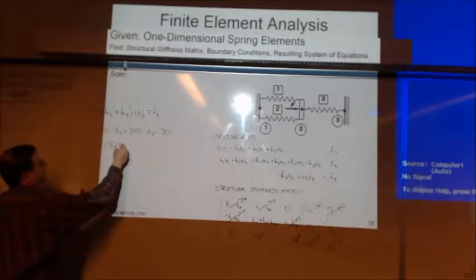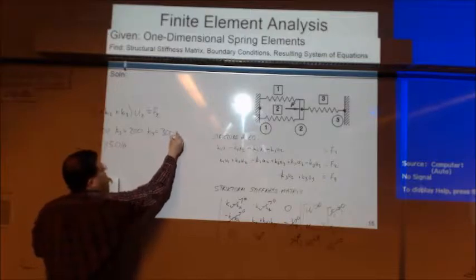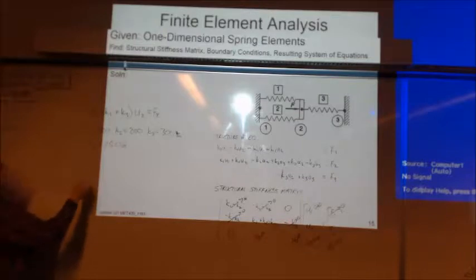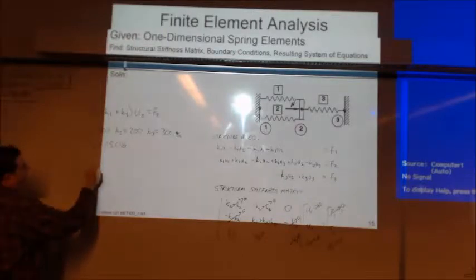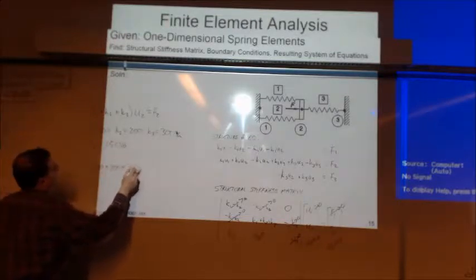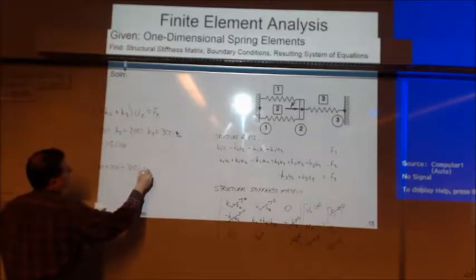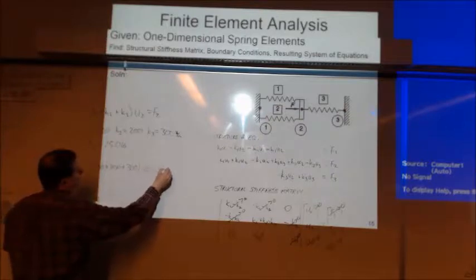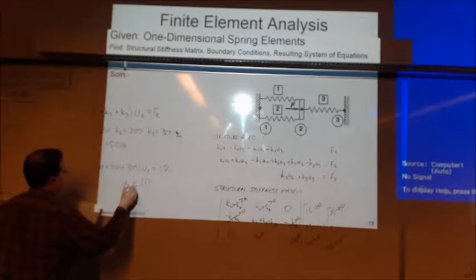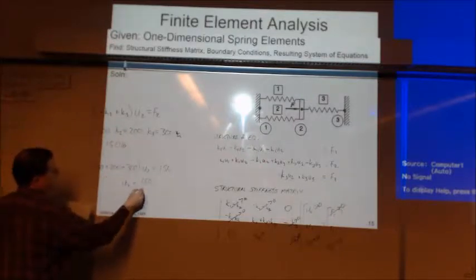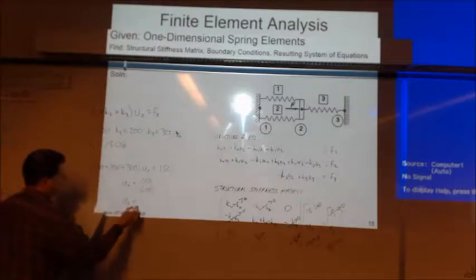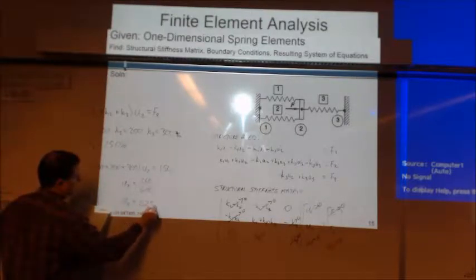These are pounds per inch. So 100 plus 200 plus 300 times U2 equals 150, so U2 equals 150 divided by 600, which equals 0.25.